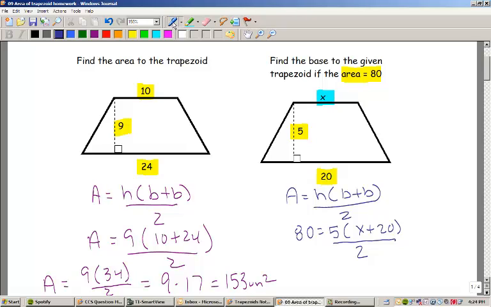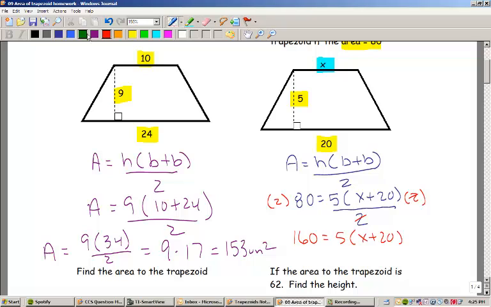So what do we do next? Well, there's a lot of different things. In this case, the 5 and the 2 really does not reduce well. So all I'm going to do is I'm going to multiply both sides by 2. This side would cancel. 2 times 80 is 160. And then you got 5 parentheses x plus 20. Now, after this stage, what I would do is probably divide both sides by 5. This side, they would cancel.